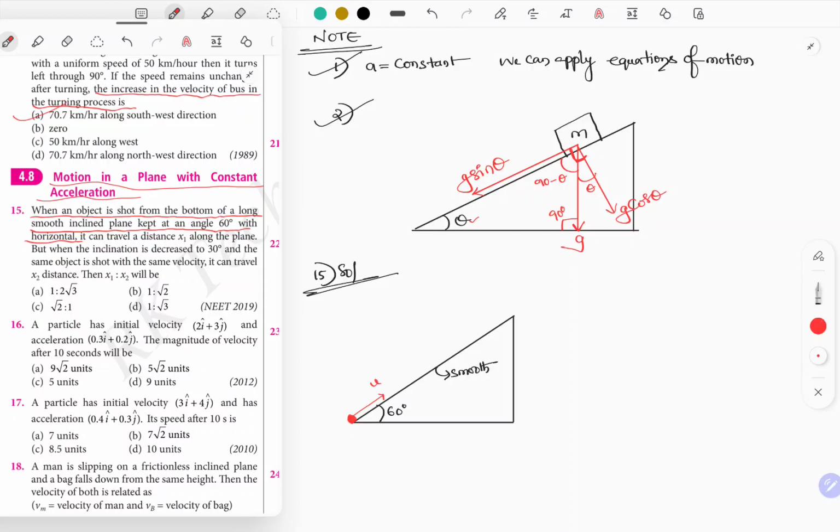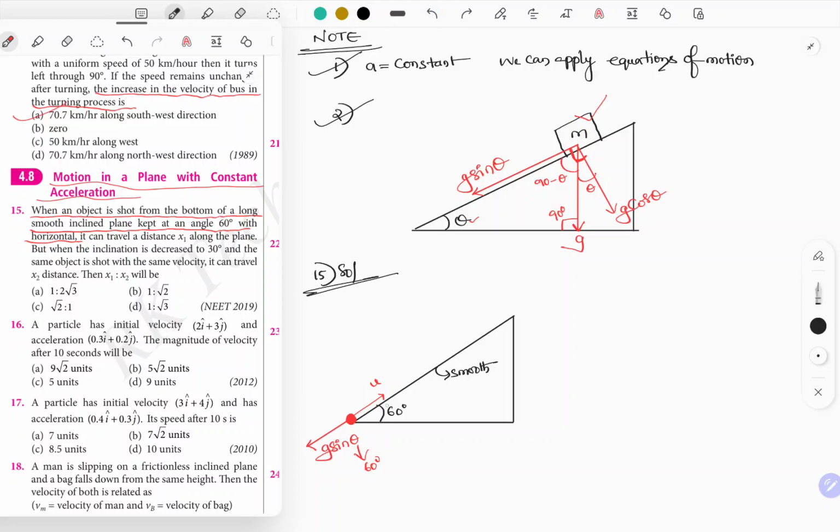What is the acceleration due to gravity acting on that block and in which direction? Just now I have explained, no? g sin theta will act in the opposite direction to the motion of the body. This is how it is represented. In place of theta, you have to substitute 60 degrees. If acceleration is opposite to the motion of the object, what happens to the velocity of the object? In this case, velocity decreases.